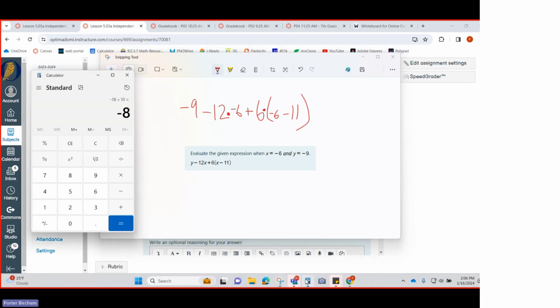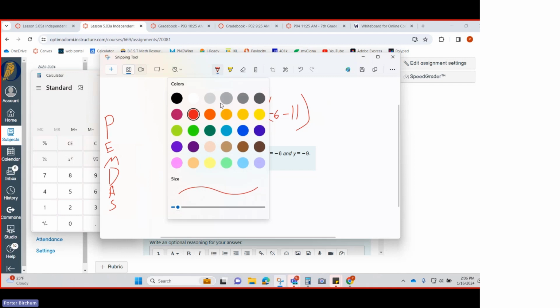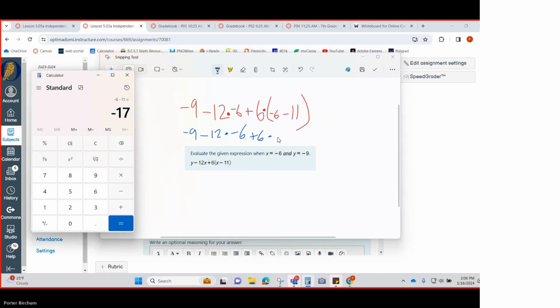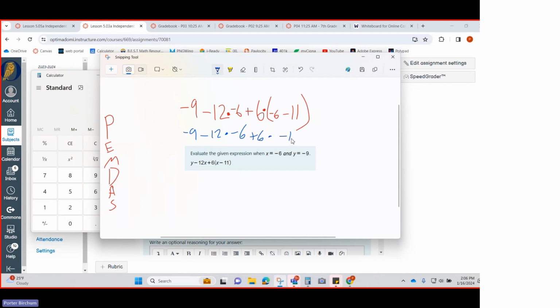-6 minus 11. If you lose 6 of something, and then you lose 11 more, you have lost 17. I'm going to rewrite this in a different color right beneath it. -9 minus 12 times -6 plus 6 times, instead of -6 minus 11, it is now -17.